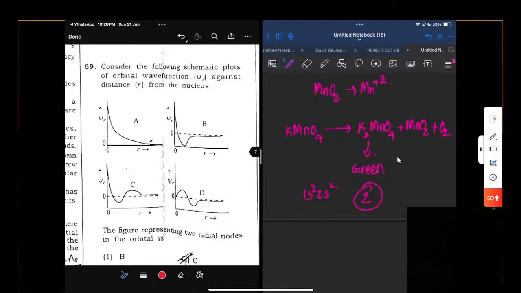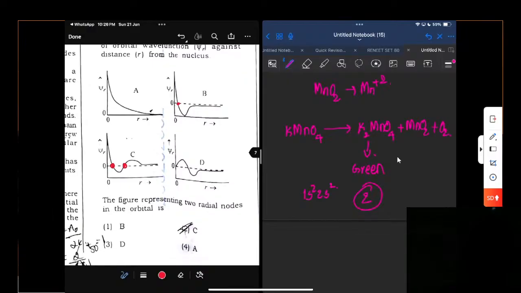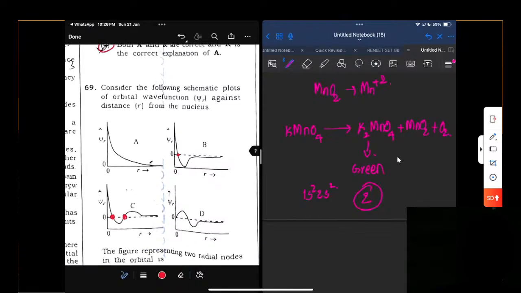Check the graph in which two zeros are present, two radial nodes. Here we have only one; here 1, 2. So we are getting two radial nodes in this one. So option C, that is 2, is correct.